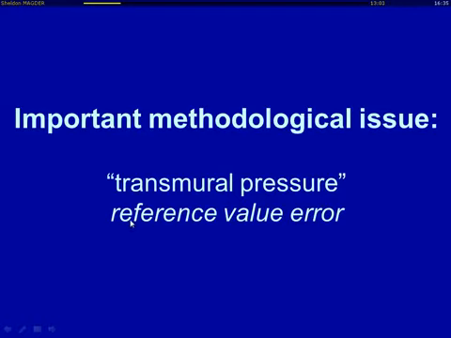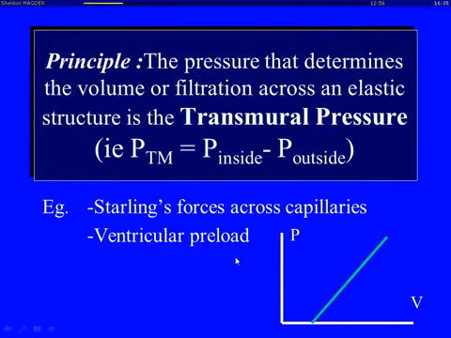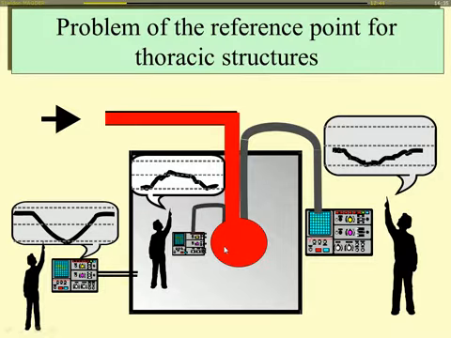Now let me start with the methodological issue, the point about transmural pressure and a reference value. So the important force for distending a ventricle, distending a vessel, for capillary filtration is inside minus outside, which we call transmural pressure. The problem is we reference our catheters, our transducers, to atmosphere.